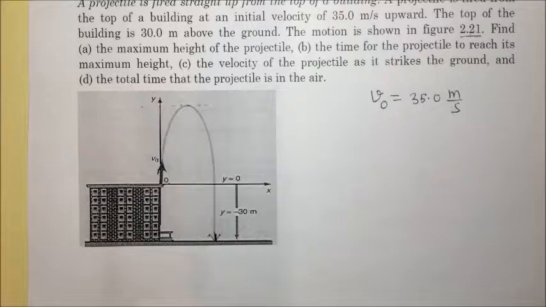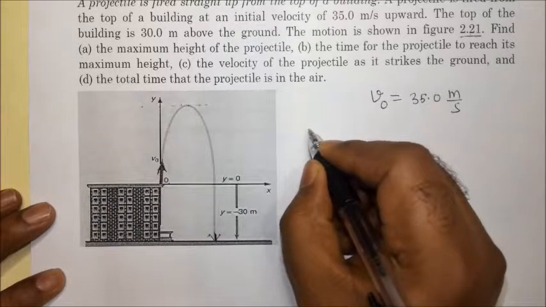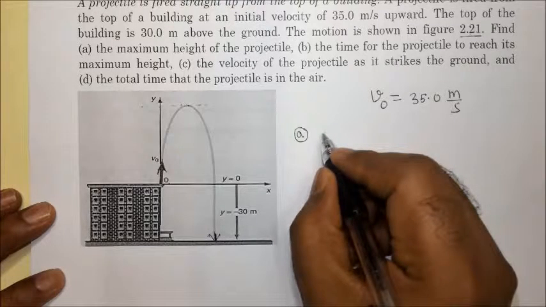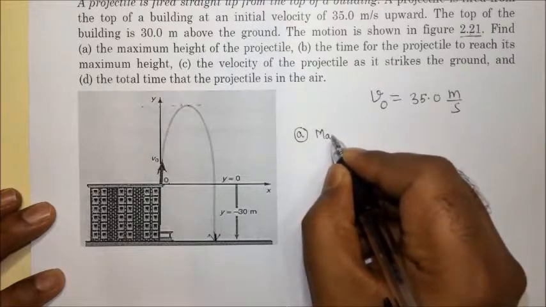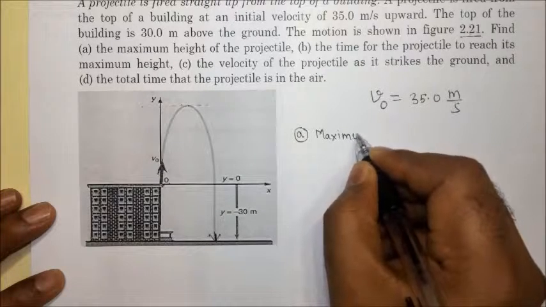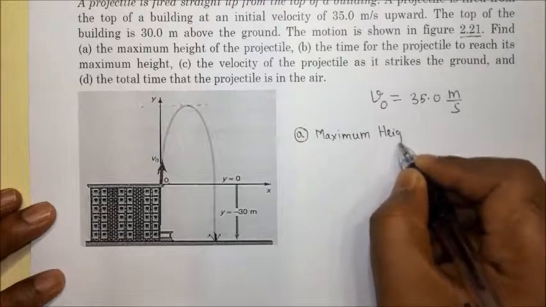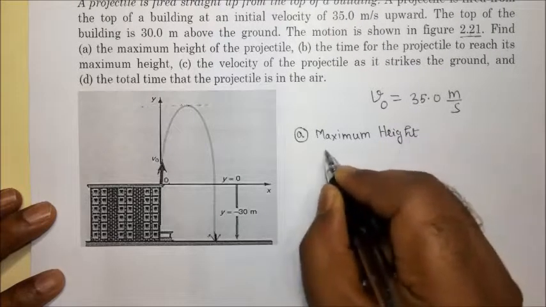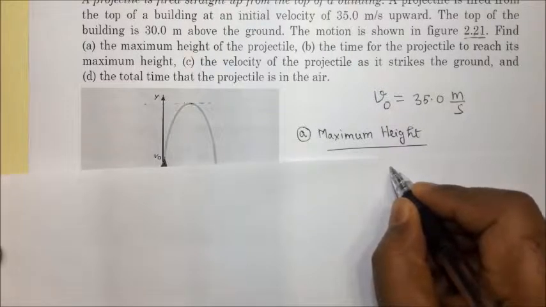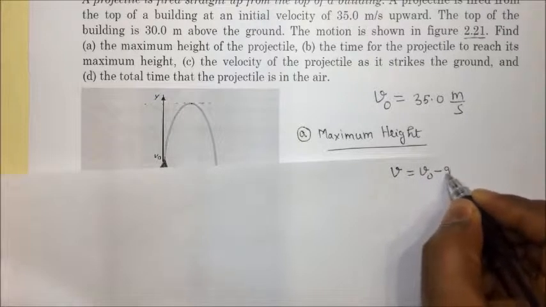Let's do this one by one. A part, maximum height. Okay, there are three equations. V final is equal to V initial minus GT.